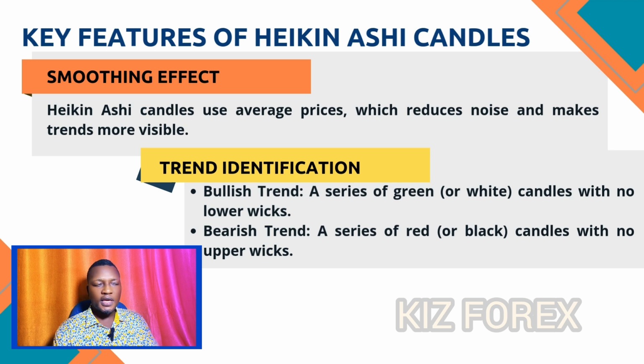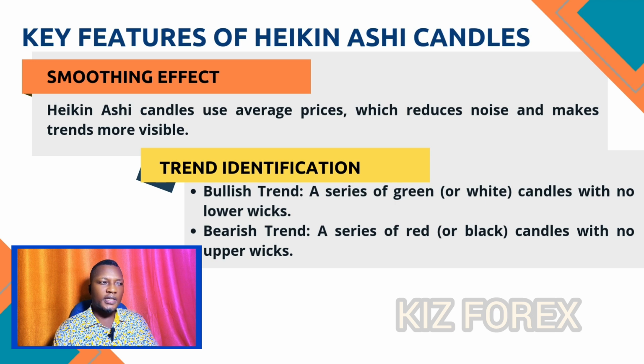Another key feature is trend identification. When on a bullish trend, a series of green candles pops out, and the candles come with no lower wick. And when on a bearish trend, a series of red candles pops out, and the red candles come with no upper wick.